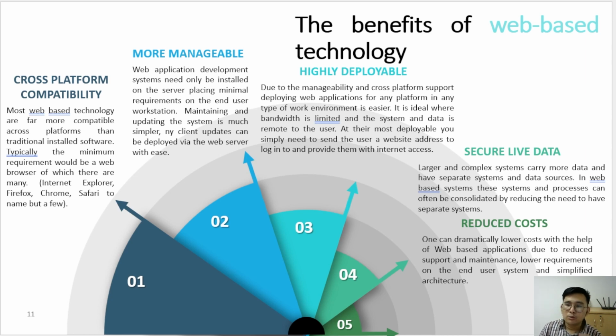So we don't have to pay more for that. We don't have to recruit another technical person to do that. So it's more about reduced cost because of the lower requirements that it gives.